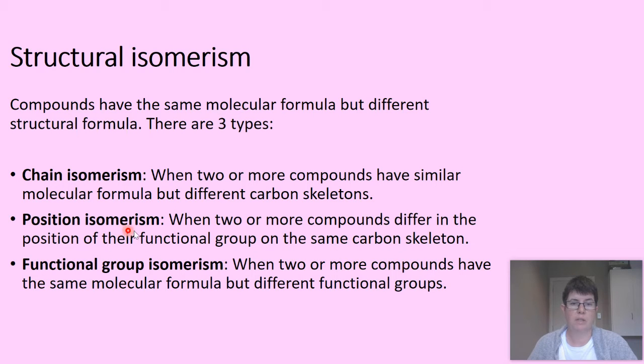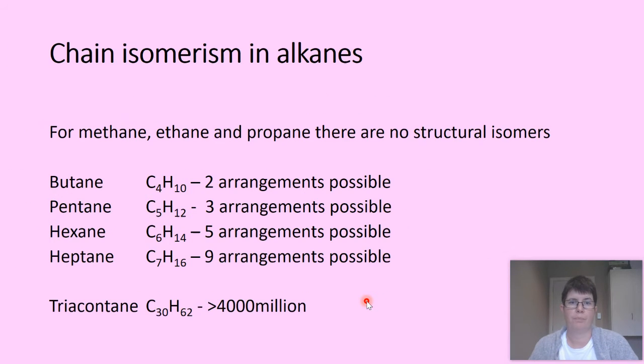Position isomerism is when two or more compounds differ in the position of the functional group on the same carbon skeleton. And functional group isomerism is when two or more compounds have the same molecular formula but different functional groups. In this video, we're going to concentrate on chain isomerism.